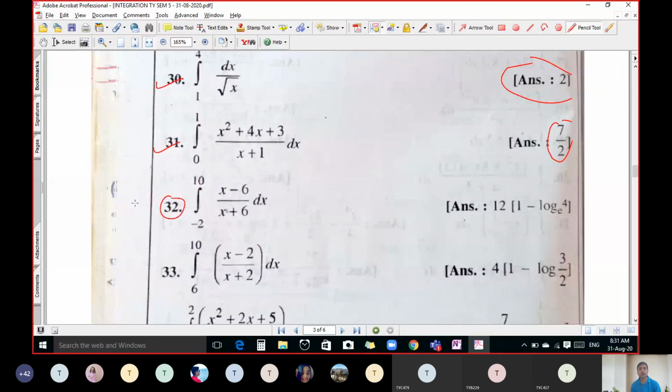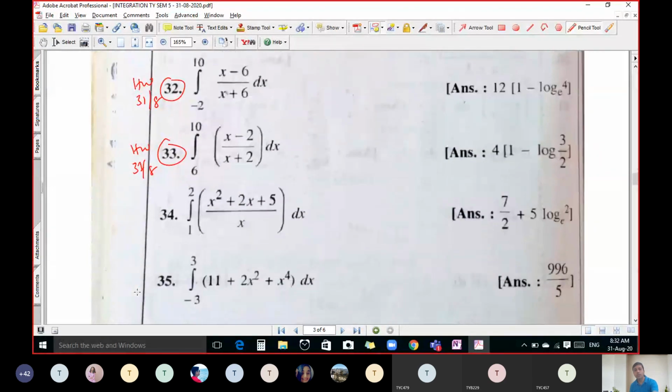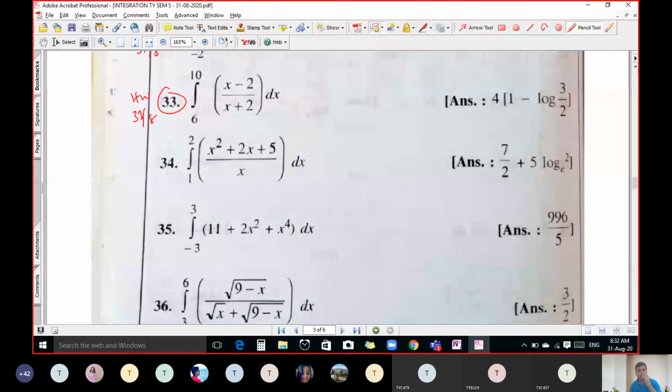Consider this is your homework. This one is also homework. See, if you do the homework and if you find any difficulty, we will discuss it in our next lecture. So it's better to try to solve this question. It requires not more than half an hour to solve.